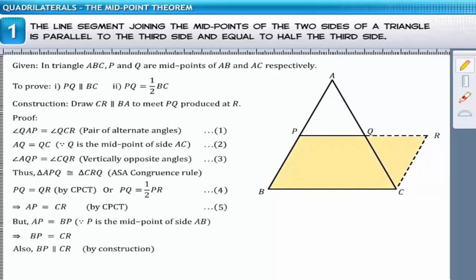Thus, in the quadrilateral BCRP, we have a pair of opposite sides, BP and CR, that are equal and parallel. This implies quadrilateral BCRP is a parallelogram.